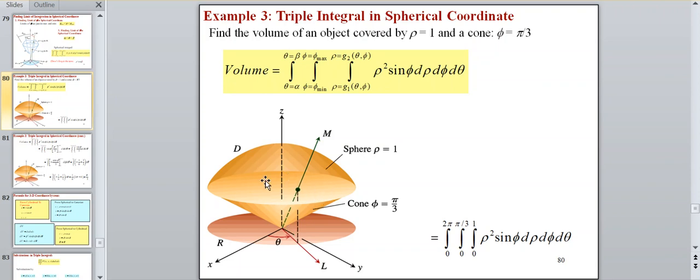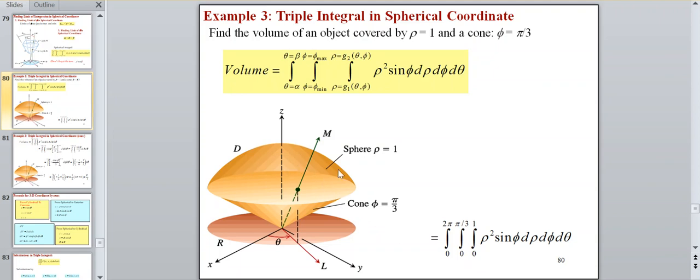The cone. So phi is from 0 to pi over 3. When we start the rotation, what stops it is the cone.